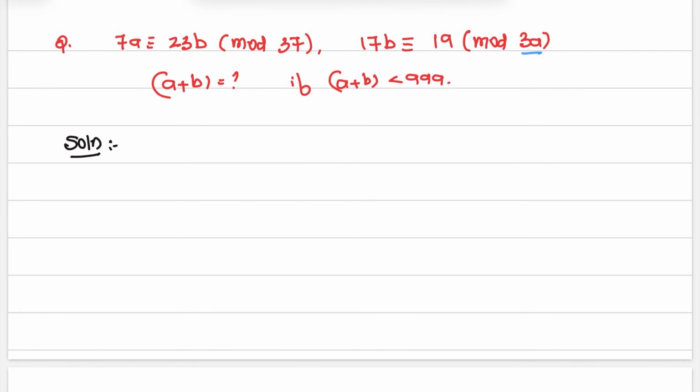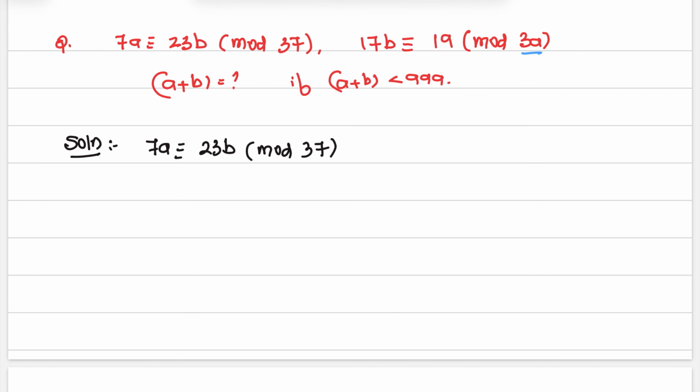Let us take the first congruence equation, that is 7a is congruent to 23b mod 37. If you see, all the values here are primes. 7 is a prime, 23 is a prime, 37 is a prime. And we have to find out a. How to find out a?